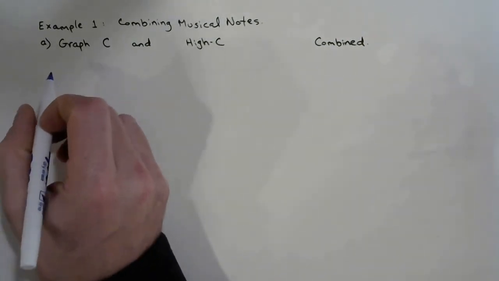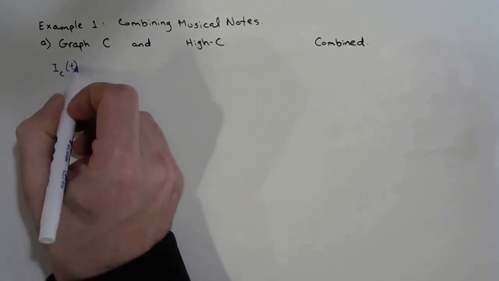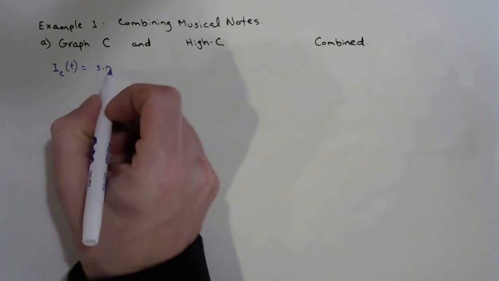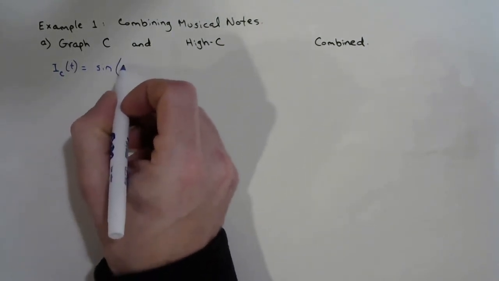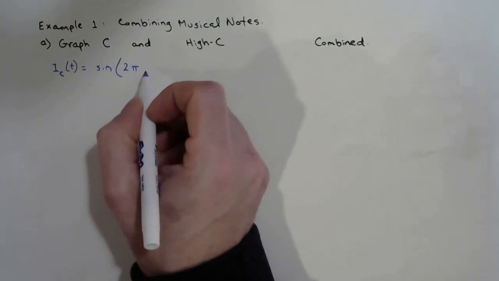So here we go. The intensity of C with respect to time is, and I'm just going to copy down the function that we have, sine of 2 pi f, but instead of f here, I'm going to look at the chart, find the frequency for C measured in hertz, which is 262.